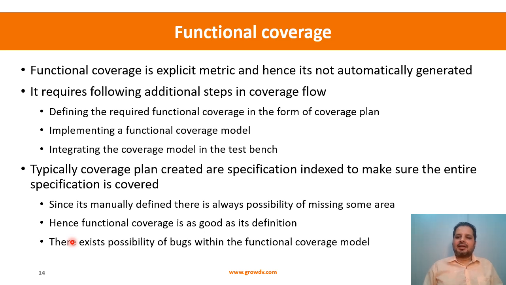Whenever we write that additional auxiliary code, there is a possibility that there can be bugs within that code. That again causes a possibility of either a false positive or a false negative type of coverage, since we don't have a test bench to test the functional coverage model itself, right? Those are some of the challenges associated with the functional coverage.